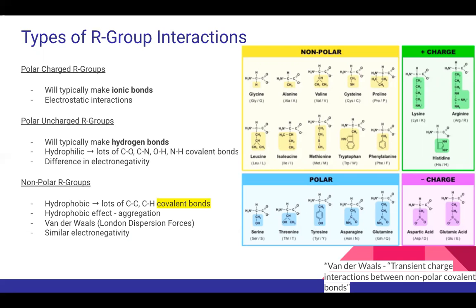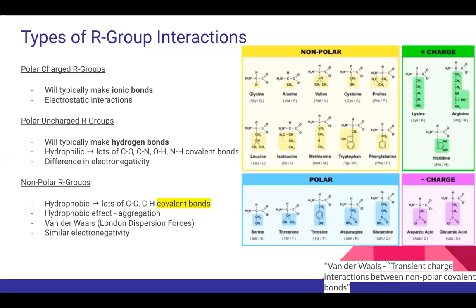Your polar charged R groups, which would be both your basic and your acidic, will usually make ionic bonds, electrostatic interactions. Your polar uncharged R groups here in blue will usually make hydrogen bonds. They have the ability to make hydrogen bonds because they're very hydrophilic. So they have a lot of carbon-oxygen, carbon-nitrogen, oxygen-hydrogen, and nitrogen-hydrogen covalent bonds.